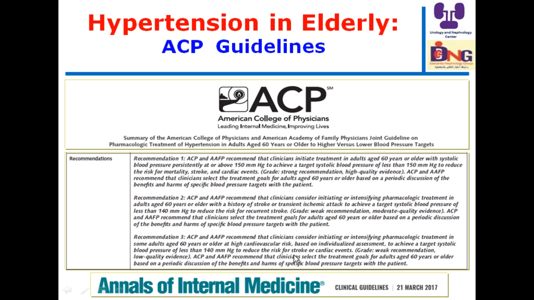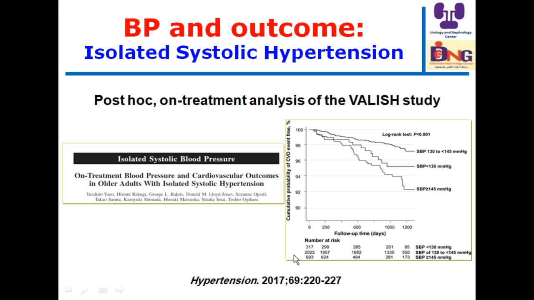And this is the post hoc analysis of validation studies showing that in elderly persons, systolic blood pressure kept between 130 to 145 shows the best outcome with lower cardiovascular events, followed by less than 130, and it is bad if it is left above 145.